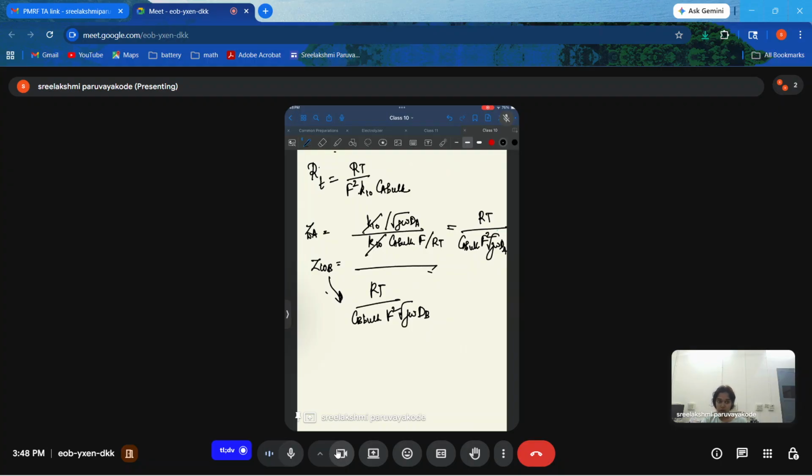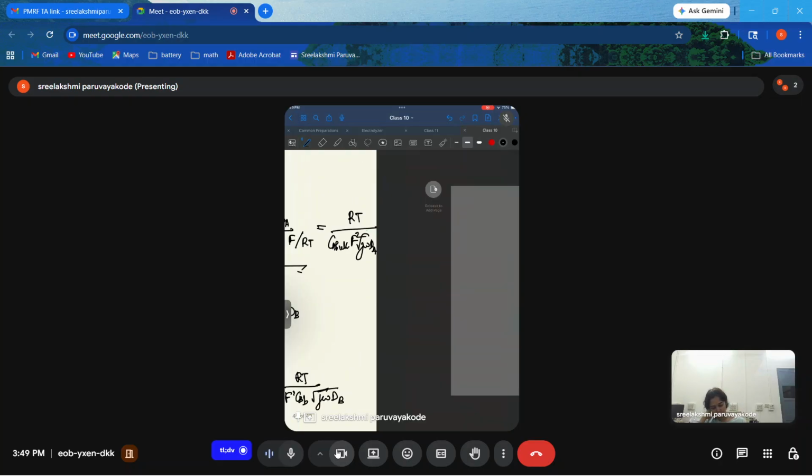Now let's find out what is the total Warburg impedance. So this is the expression. You have RT by F square CA bulk root of J omega dA plus RT by F square CB bulk into root of J omega dB. You can take out RT by F square. So how am I going to write this?